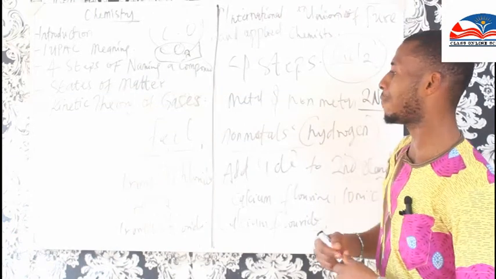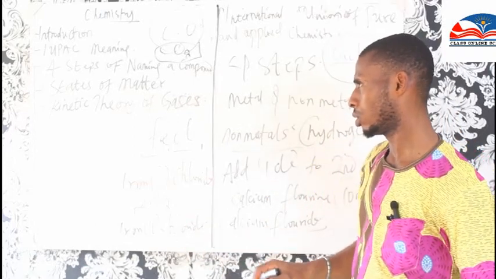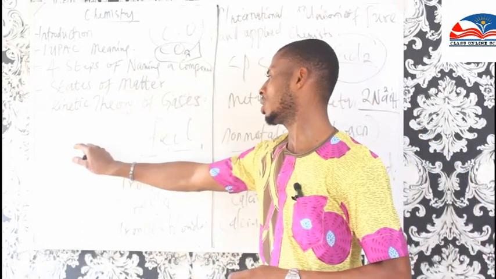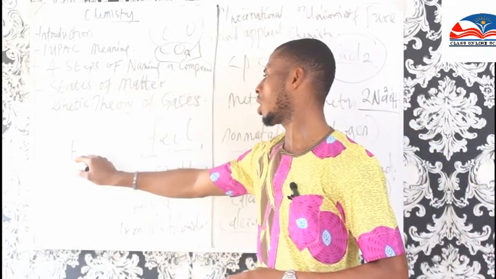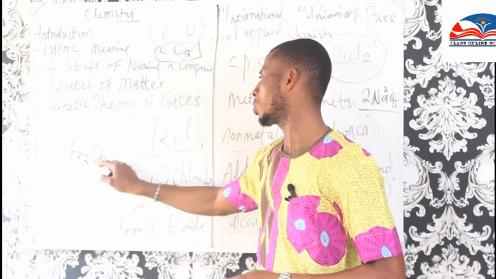Alright, now we have iron 2 tetraoxide. Okay, let's see, Fe2O3.